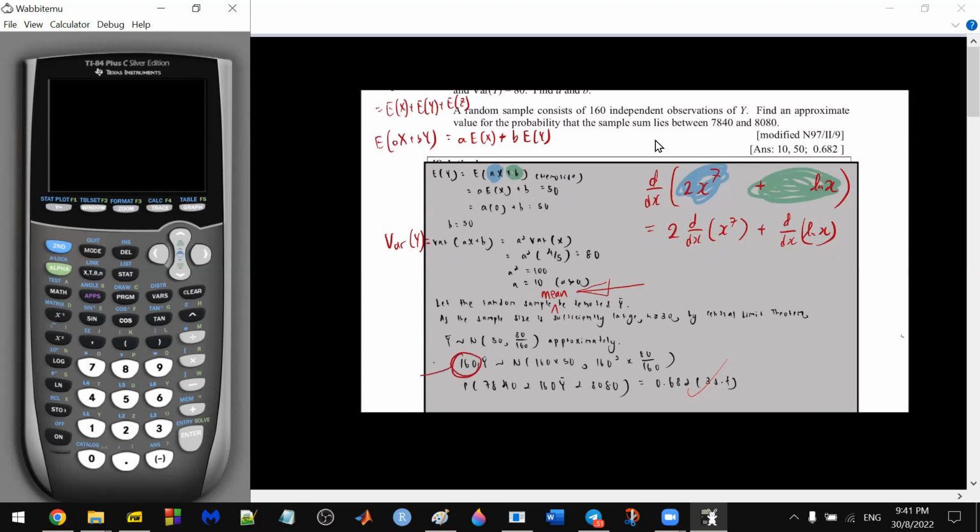That's why you had to multiply by 160, right? So that you can get your actual sum. Why will you get the sum when you multiply by 160? Because it's 160 independent observations of y.